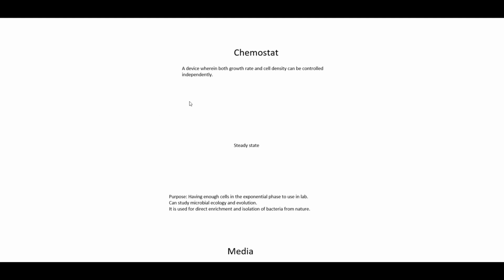So for example, you have your device and the medium. The medium's in there. You inoculate it with cells. They begin to increase. There's also a way where cells can be removed.